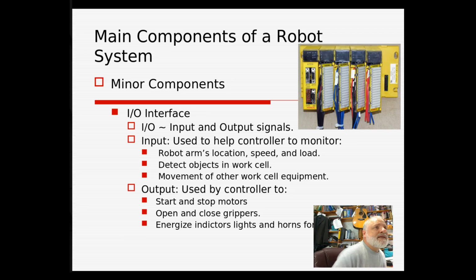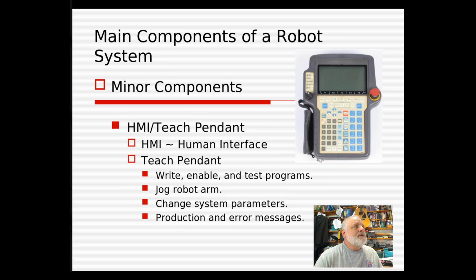So the teach pendant gives us the HMI, allows us to program the robot, and as I said before, to jog the robot. Jogging is simply meaning we're going to move the arm to a certain position for maintenance or teaching purposes.